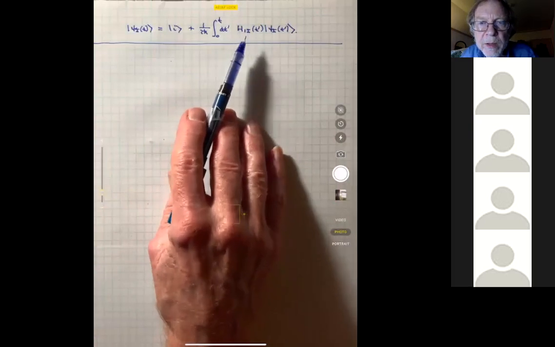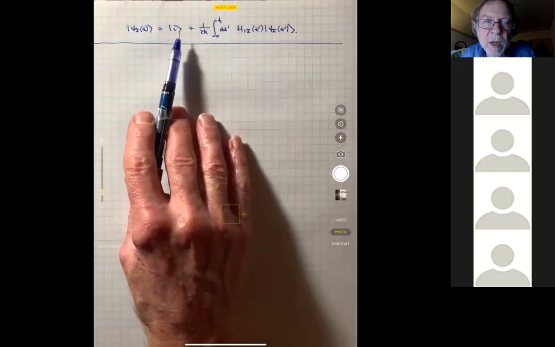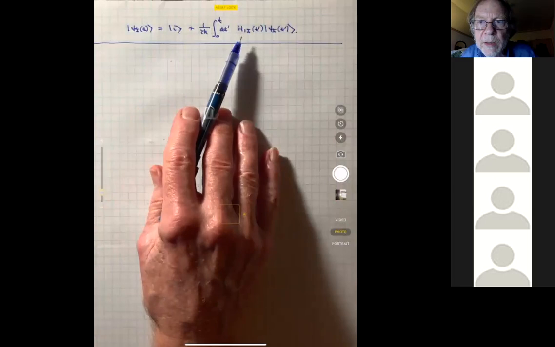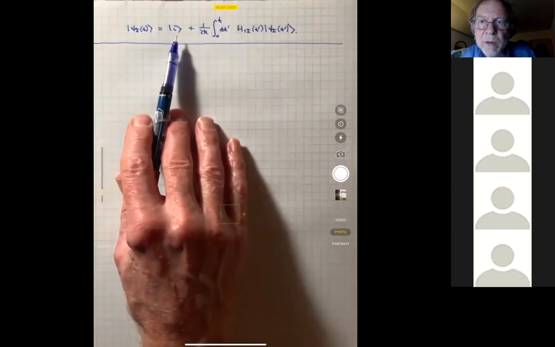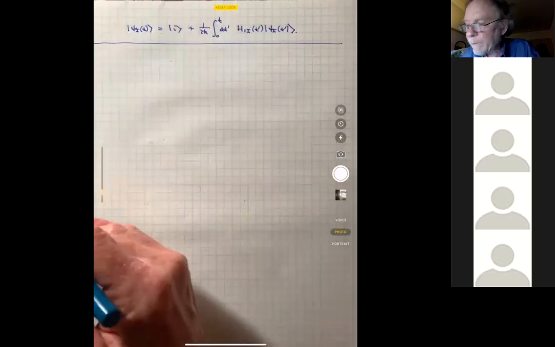However, if we think of H1 as being small, then the second term is a correction term to where you started off with the initial condition. Obviously, if H1 were equal to 0, then psi I would be equal to the initial state I forever. So this gives you the correction to that due to non-zero H1.